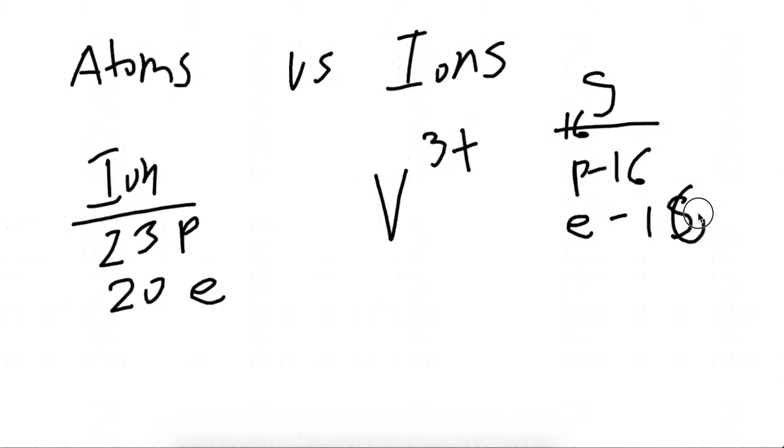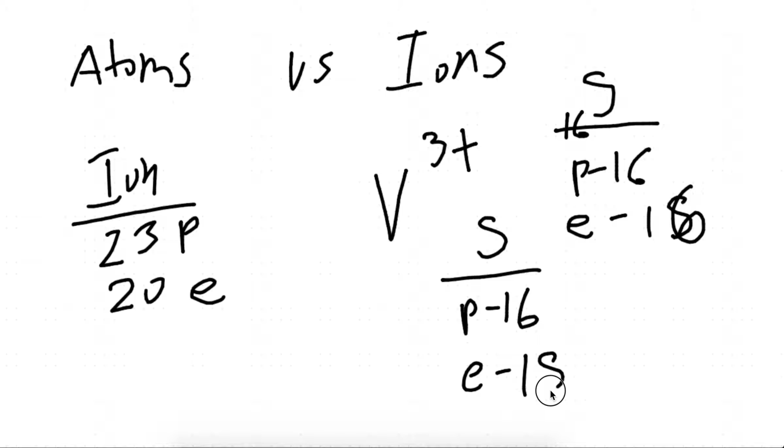But if the question tells you that the sulfur ion, which is sulfide, has 16 protons and 18 electrons, what does that mean? The number of electrons is more than the number of protons by 2. So you would have a formula of S2 minus. Does that make sense, guys? All right, let's do some more questions.